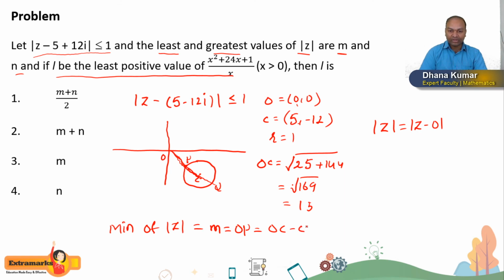OC length is 13, CP length is the radius, 1. 13 minus 1 is 12. So M is equal to 12.